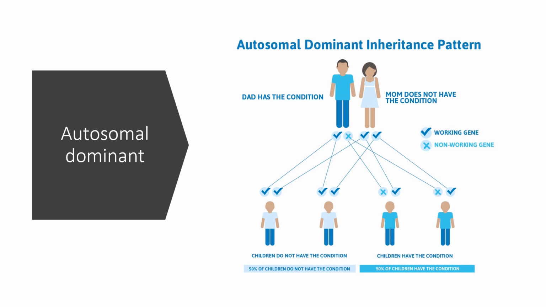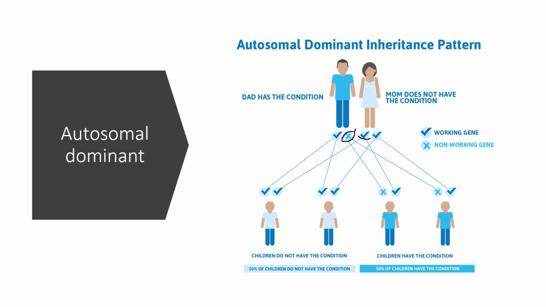Now, autosomal dominant. What do we mean by the autosomal dominant inheritance pattern? In this case, the presence of only one allele is sufficient to see the disorder. As you can see, the dad has the condition because he has one allele which is mutated, and mom is normal.